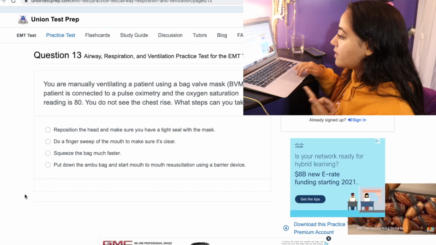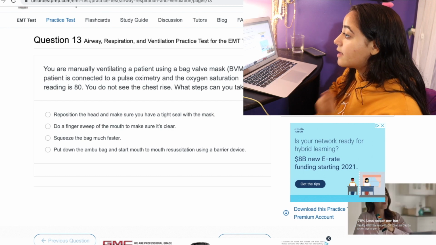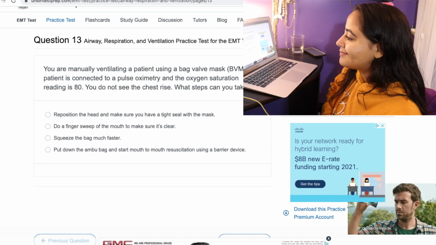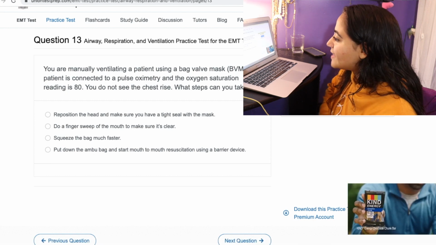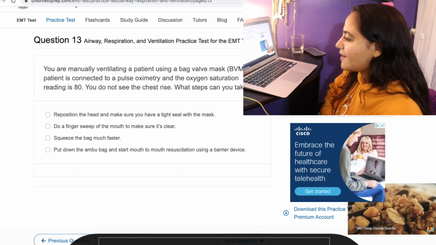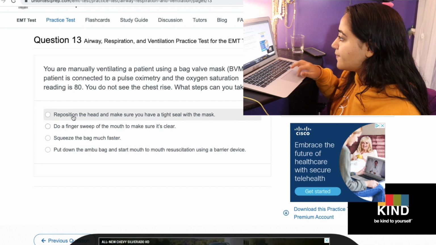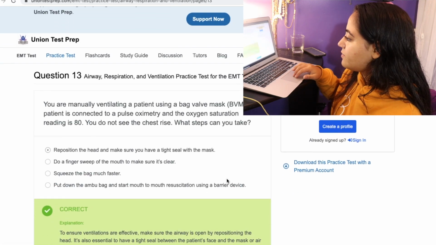So let's see what the answers are. Repositioning the head and making sure you have a tight seal with the mask. That one's correct. Do a finger sweep of the mouth to make sure it's clear. Squeeze the bag much faster. No. Put down the bag and start mouth to mouth. Definitely no. So it's between the first two, and I think the first one's more right. Yeah.